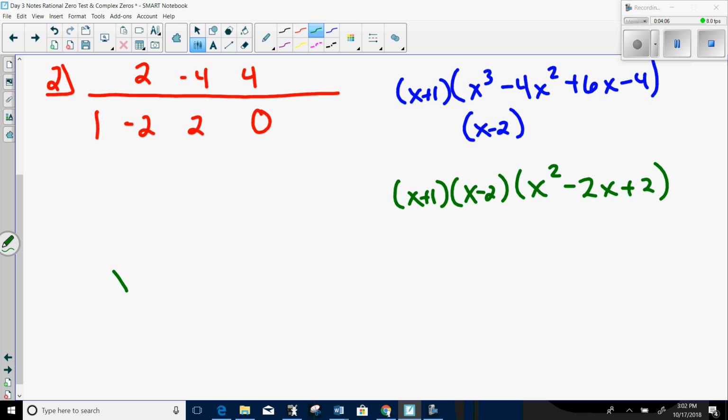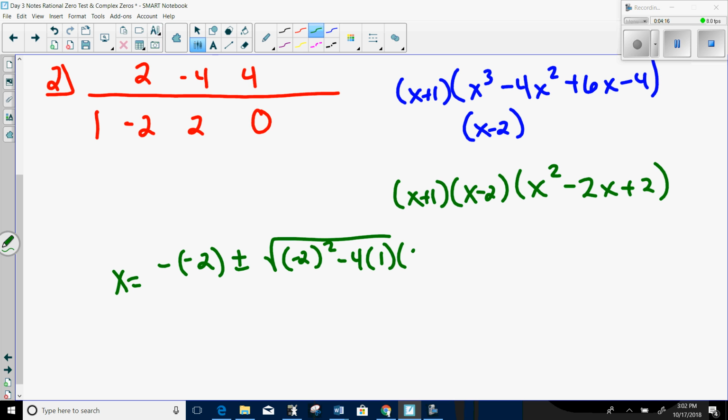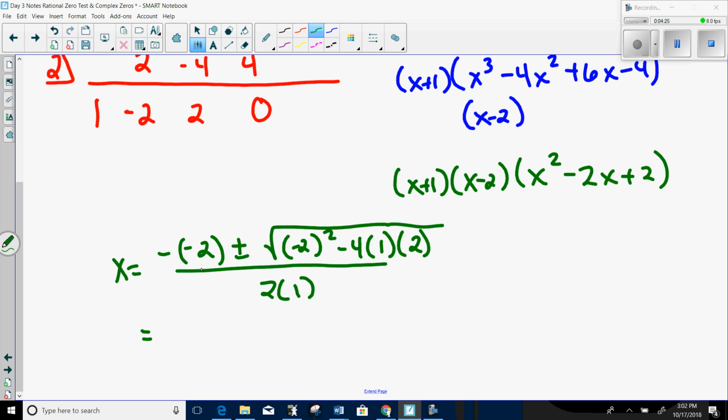So then we do x equals -b, which is -2, plus or minus the square root of -2 squared minus 4 times 1 times c, all divided by 2a, which is 1. And then we simplify. Negative is a +2 plus or minus the square root.